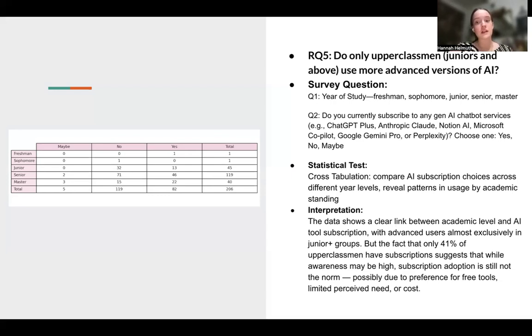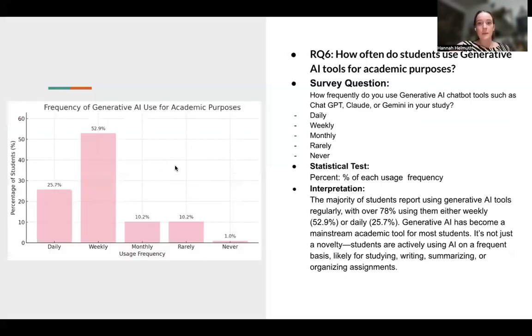But I thought it was interesting that only 41% of the upperclassmen actually have subscriptions. This could suggest that awareness may be high, but subscription adoption is still not the norm. This could possibly be due to the free access to tools that we still have, and cost also is probably a big one for students nowadays.